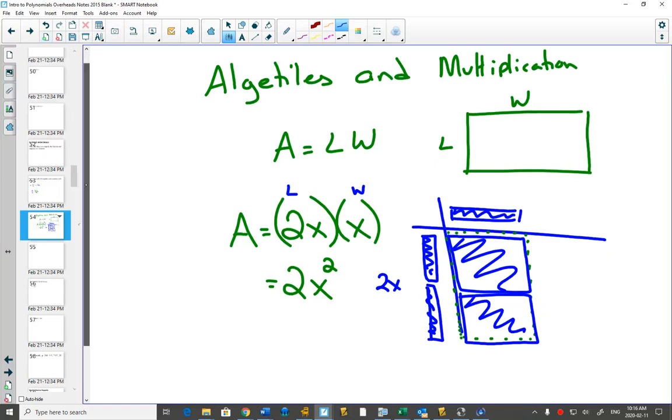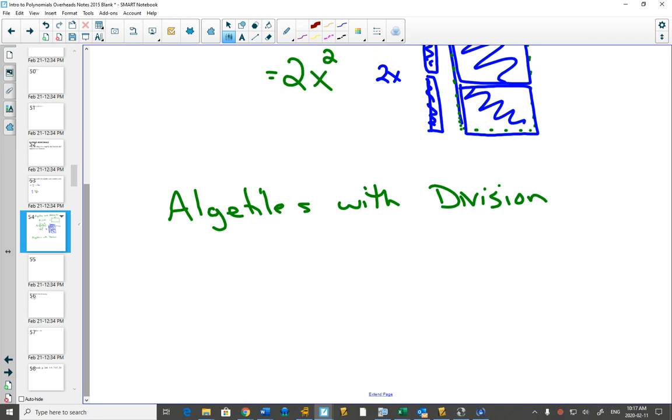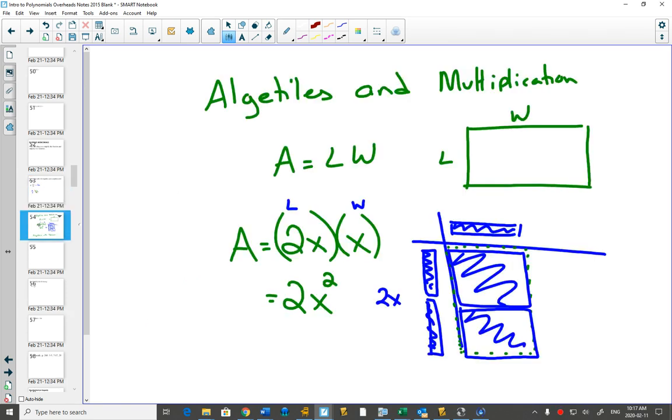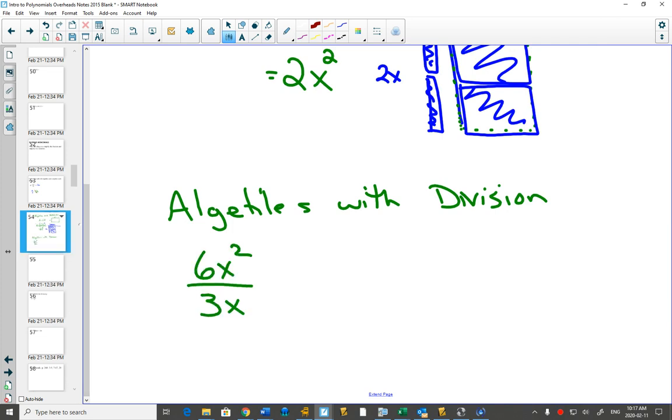So then, algebra tiles with division. If we look at the same example that we just did, which was 6x squared divided by 3x. What division says is this is your area and this is one side.